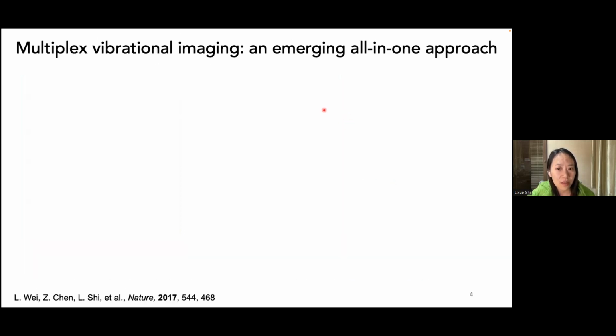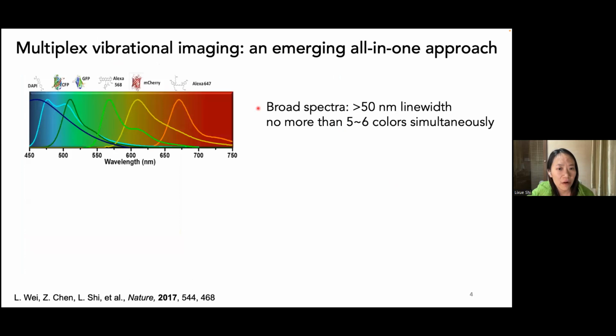So towards the aim of probing 3D spatial biology of a complex system, we provide an alternative: vibrational imaging. Indeed, fluorescence is a bottleneck for multiplexity. Typically, no more than 5 colors can be detected simultaneously by fluorescence, considering the severe spectral overlap in emission and excitation spectra. This is also known as the fluorescence color barrier.